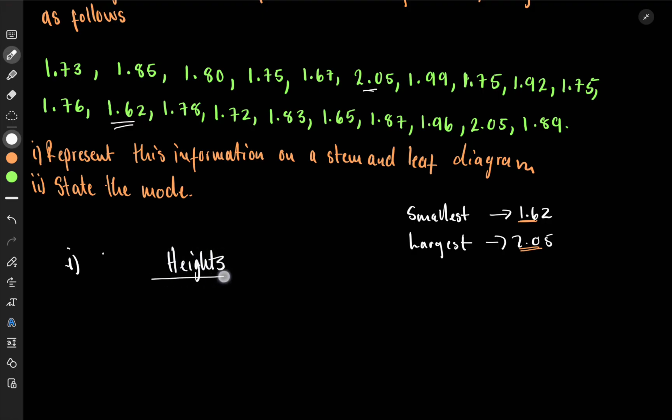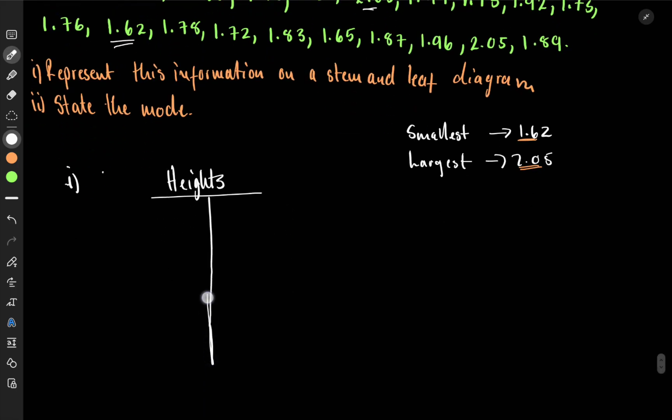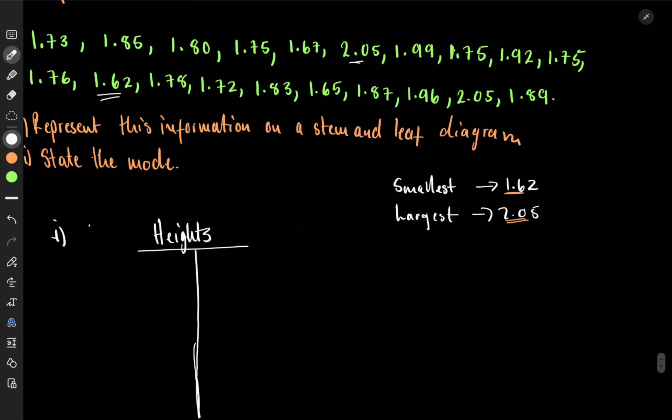We are dealing with heights. I will put my key, definitely. I know I have 16 up to 20, so I'll say 16, 17, 18, 19, 20. I ignore the comma. I don't put anything with a comma on my stem and leaf diagram.